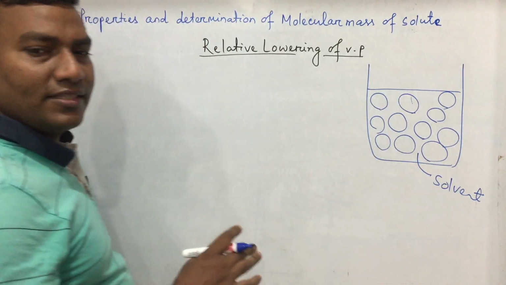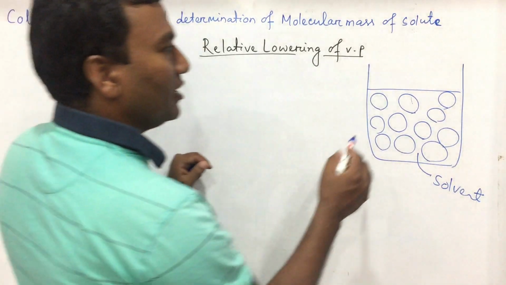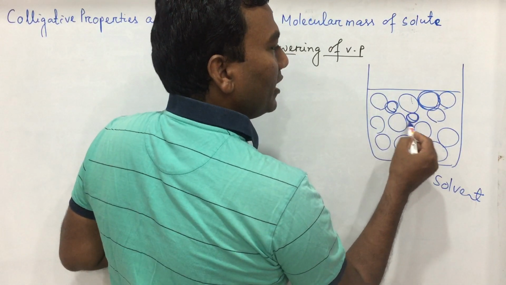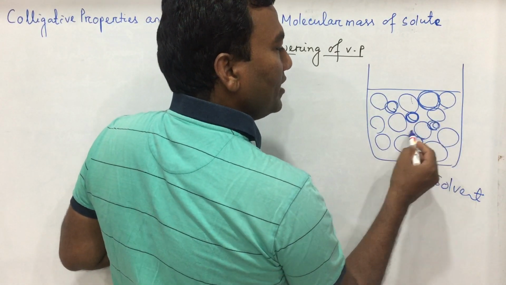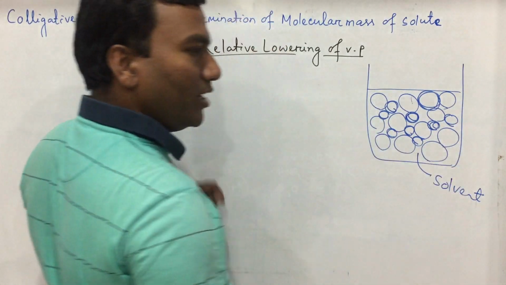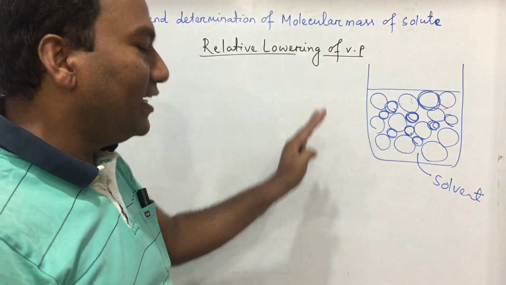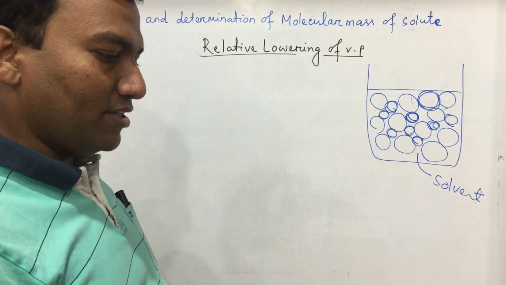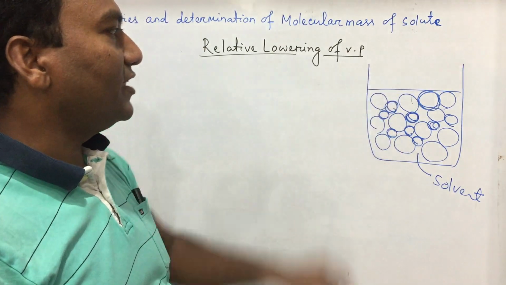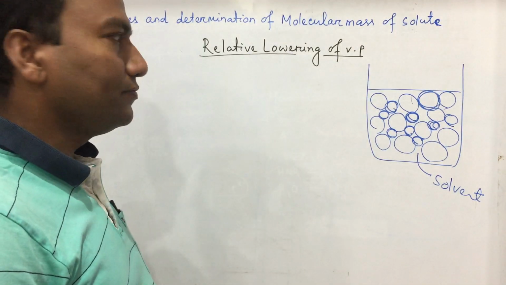So the escaping tendency of solvent molecules decreases. As a result, fewer molecules convert into vapor state. Hence, vapor pressure decreases. Clear?